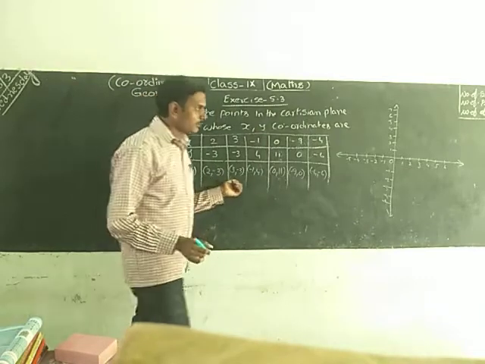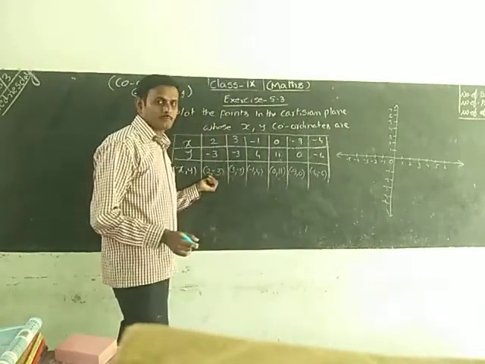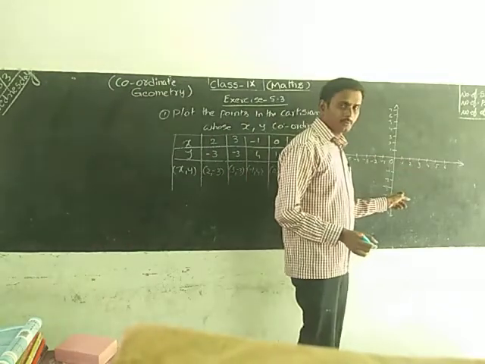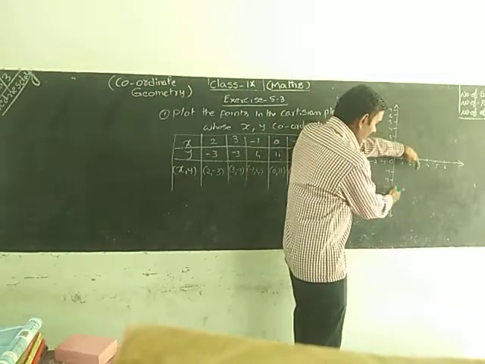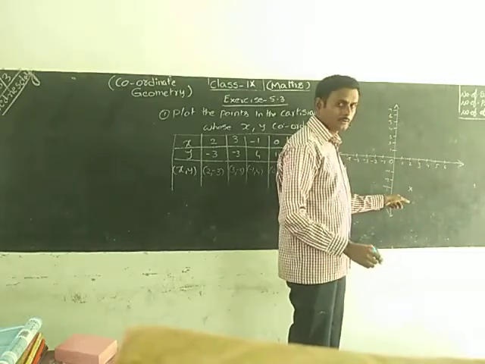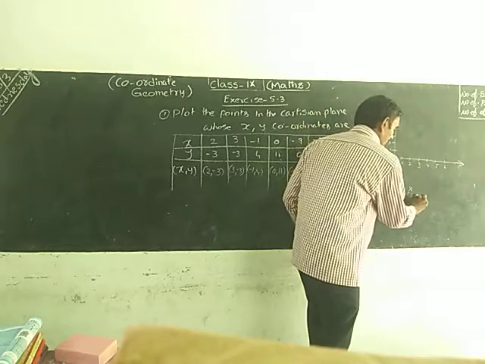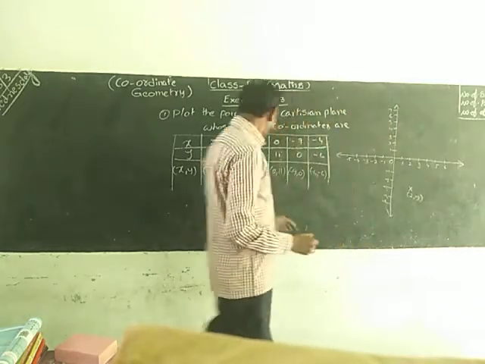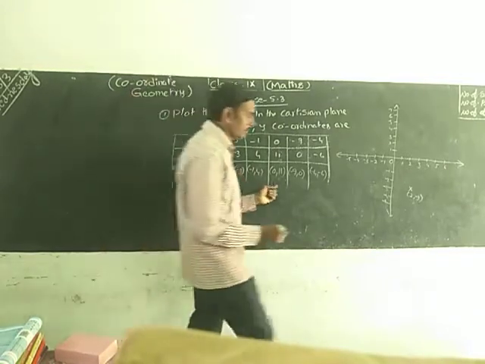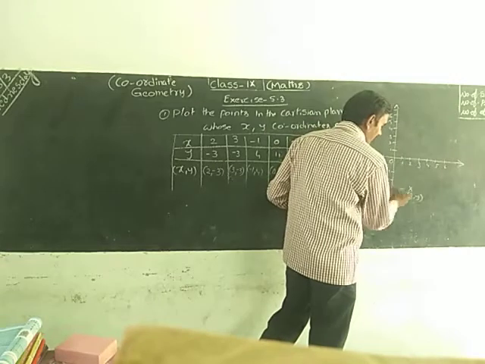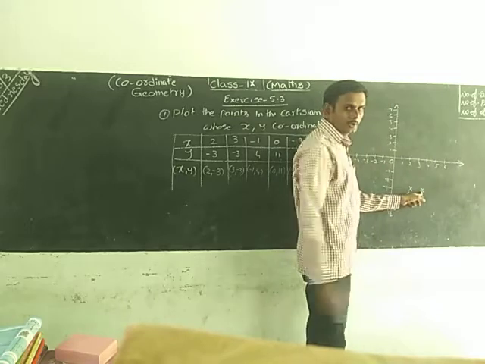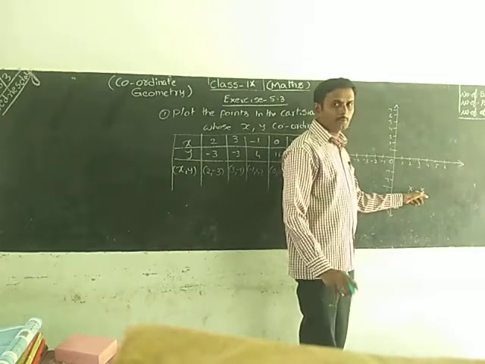2, minus 3. Here x is positive and y is negative. Both meet at one point, which you can observe on the graph paper. 2 comma minus 3, you have to write like that. Next, 3 comma minus 3. X is positive, y is negative, and they will meet at one point.